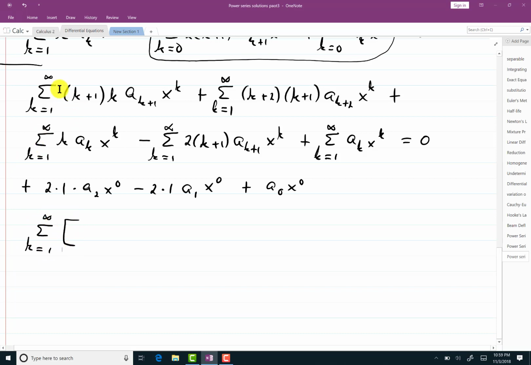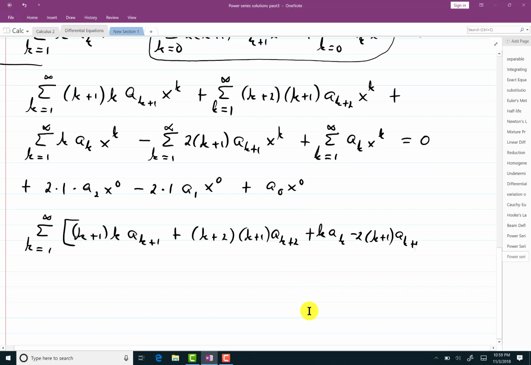Now let me put my coefficients in here: k plus 1 times k a sub k plus 1, plus k plus 2 times k plus 1 a sub k plus 2, plus k a sub k, minus 2 times k plus 1 a sub k plus 1, then finally plus a sub k, and all of that is a coefficient for x to the k, plus 2a2 minus 2a1 plus a sub 0, and all of this is equal to 0.